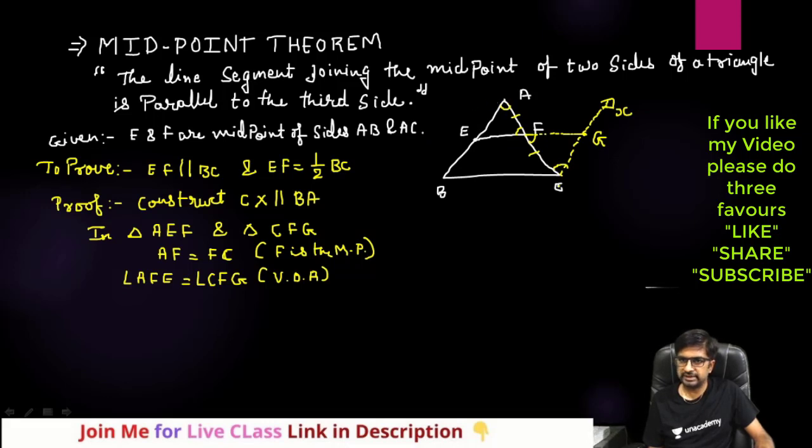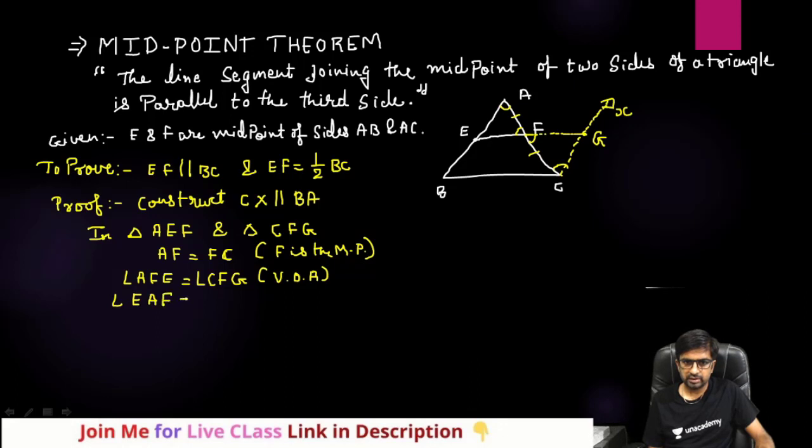How? These two lines are parallel, so alternate interior angles. You can see Z is forming here, BA and CX. So angle EAF is equal to angle GCF. How? Alternate interior angles.